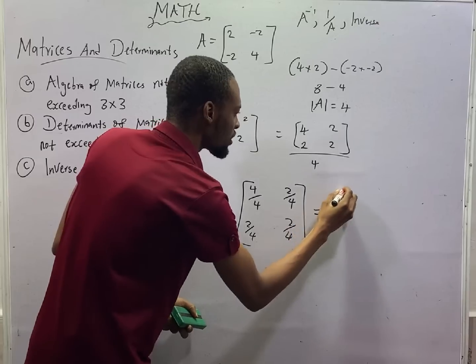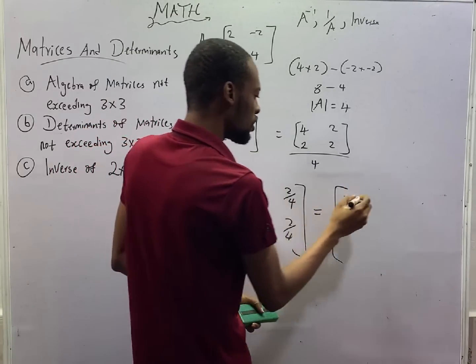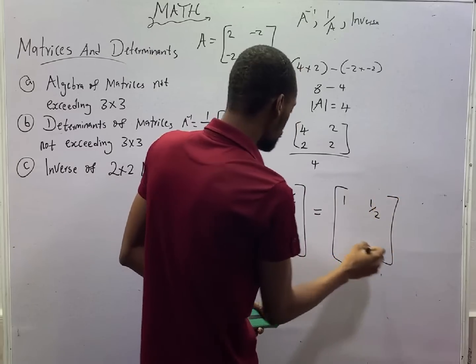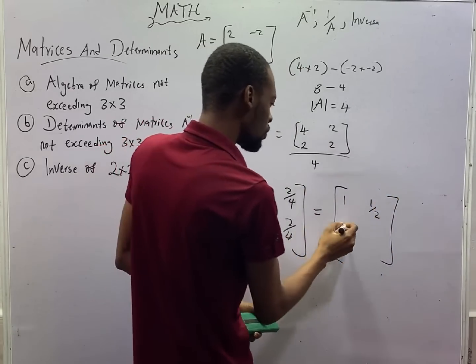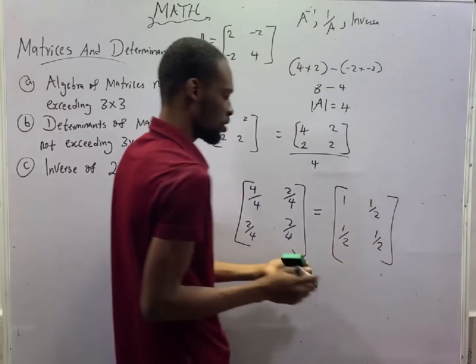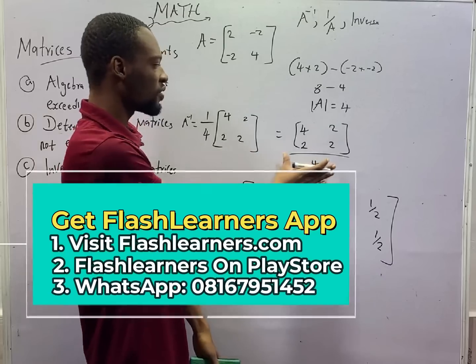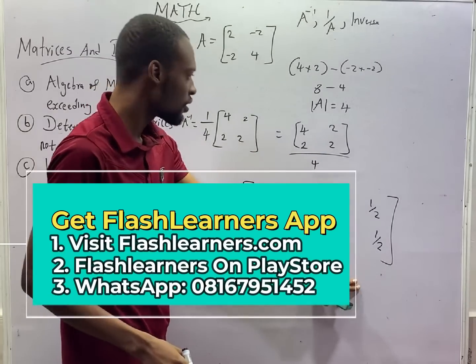This is the same thing as 4 divided by 4 is 1, 2 over 4, that is 1 over 2, 2 over 4, 1 over 2, 2 over 4, 1 over 2. So, your answer can either come in this form, or in this form.